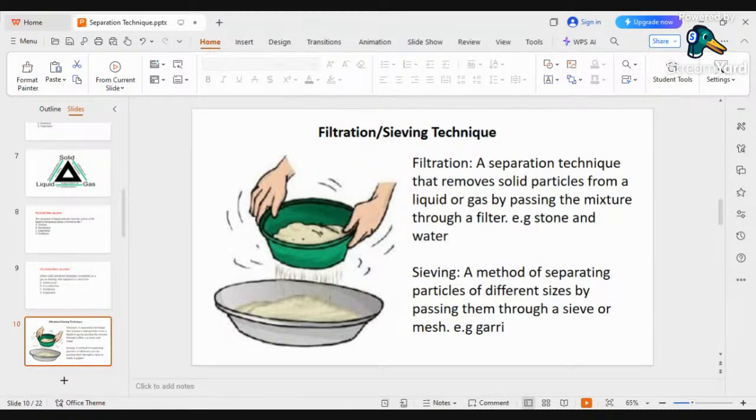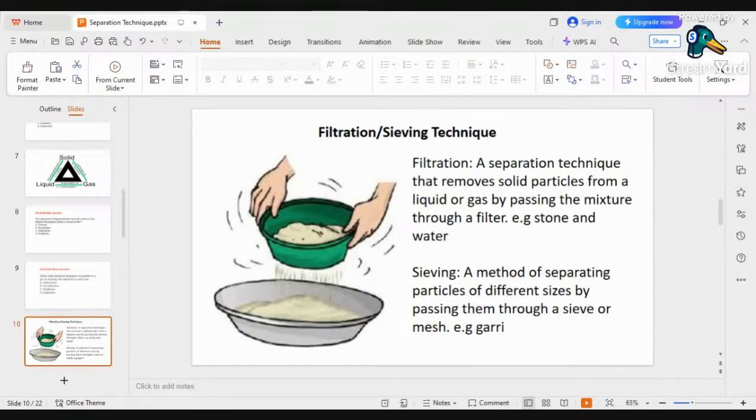Now, sieving is a bit different from filtration. Sieving is the art of separating particles of different sizes by passing them through a sieve. For example, garri. You've seen where they sieve garri, because after processing, garri has bigger particles and smaller particles.